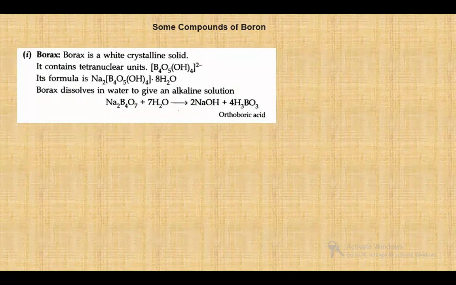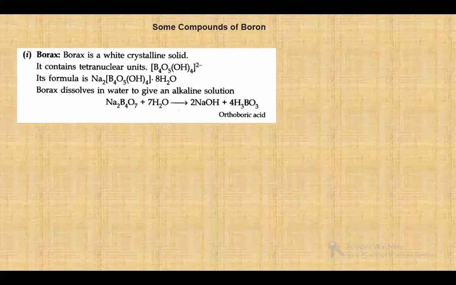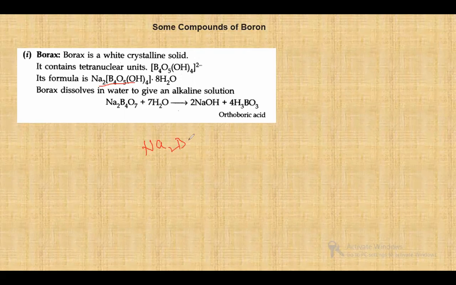On the composition of borax, it is very familiarly called tincal, which is one of the ores. Here the formula is not clearly given, because the Na2B4O5(OH)4 unit will be there, and when we separate it, what will be its formula? Na2B4O7·10H2O. This is the formula of borax.